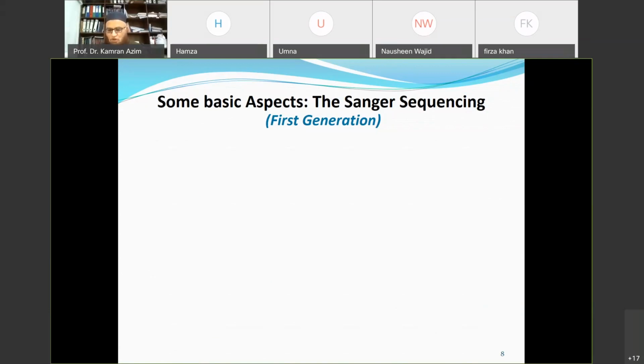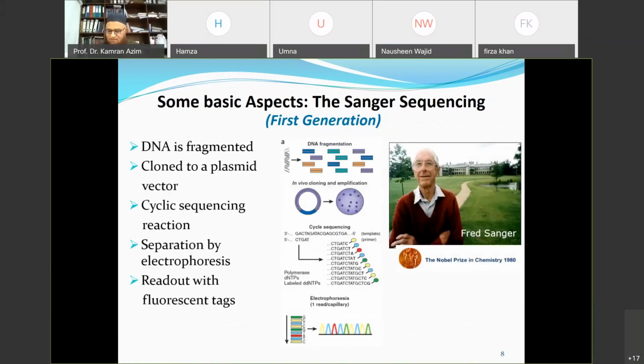Sanger DNA sequencing, also called the first generation DNA sequencing method, was introduced by Frederick Sanger at the University of Cambridge in the UK in 1977, and on the basis of his contribution, he received a Nobel Prize in chemistry in 1980.